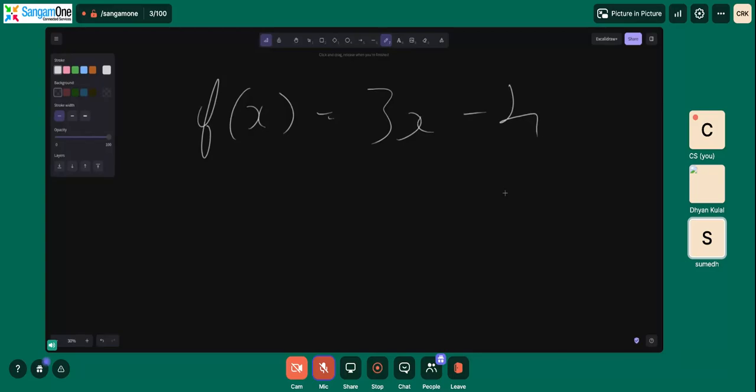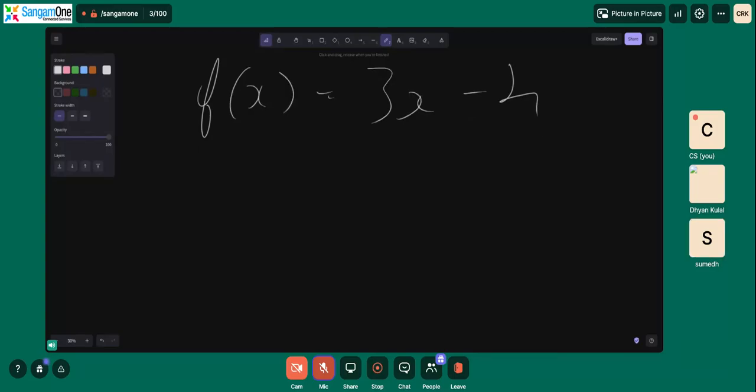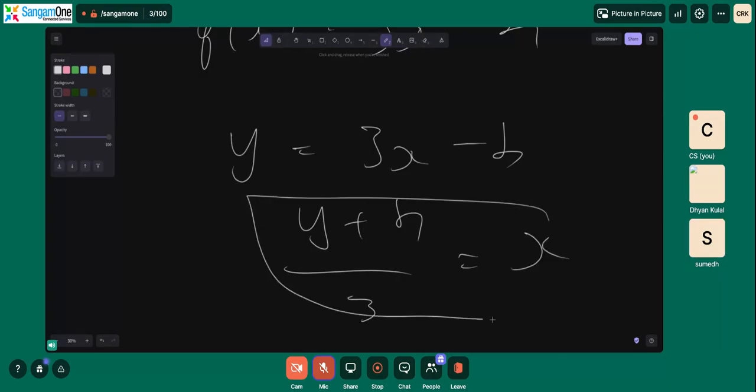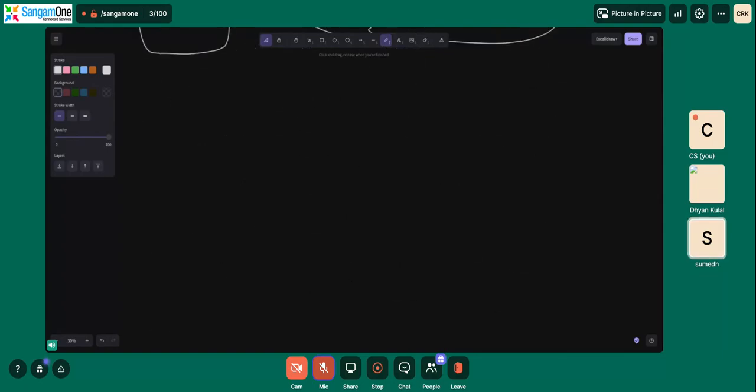Can you try to find the inverse of 3x minus 4? Y plus 4 by 3 equal to x. So you just write y equal to 3x minus 4, then y plus 4 by 3 equal to x. Now, if I find the inverse of this, I'll get back my x value. That shows that the inverse exists basically. I hope it is clear.